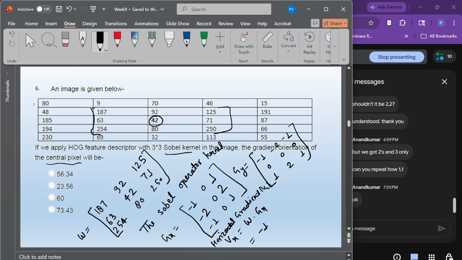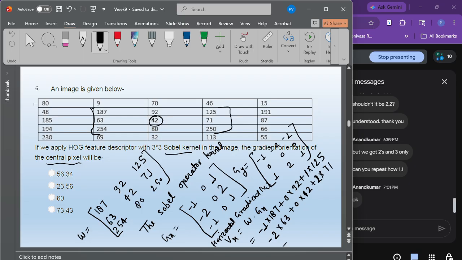So minus 1 into 187, then plus 0 into 92, plus 1 into 125. It is the multiplication of the first row. Now the second row: minus 2 into 63 plus 0 into 42 plus, sorry, 2 into 71, right?